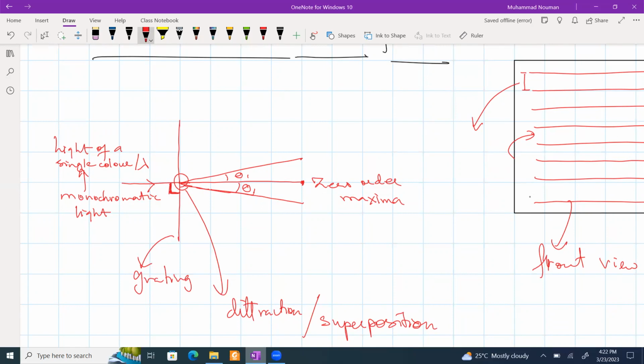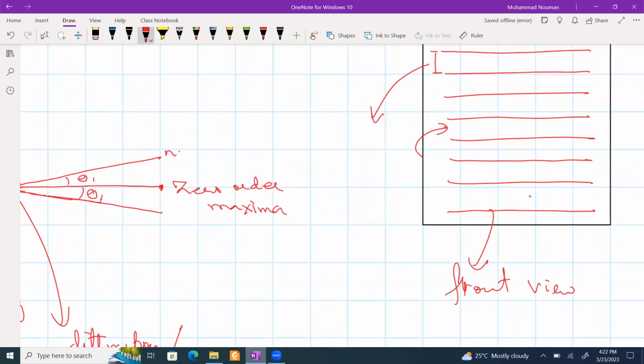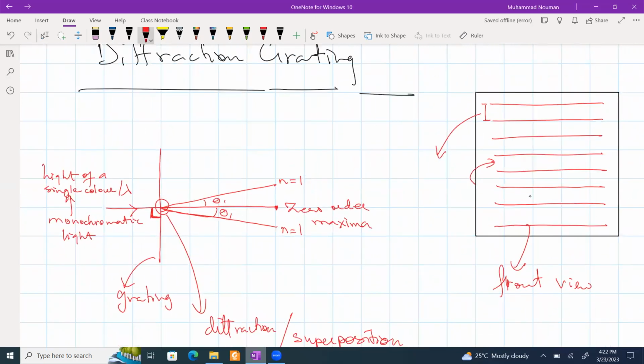Anyways, this order and this order are called first order maxima. Now we find here another maxima, and here as well, another maxima. This angle from zero order is called theta2, and this angle from zero order is also theta2.